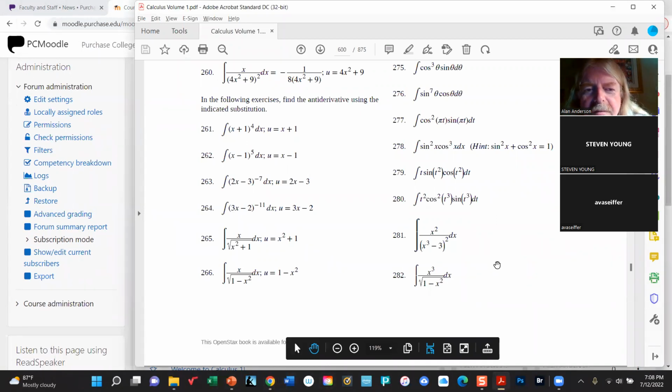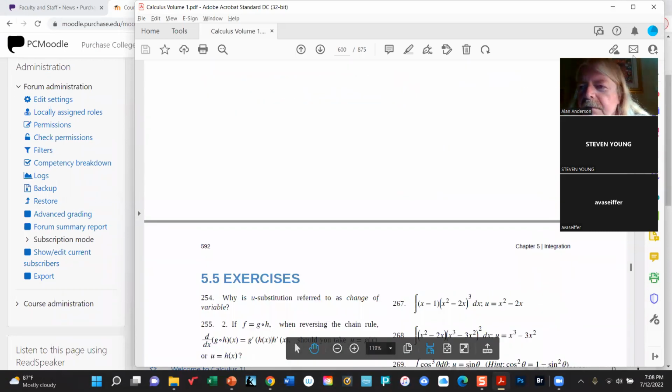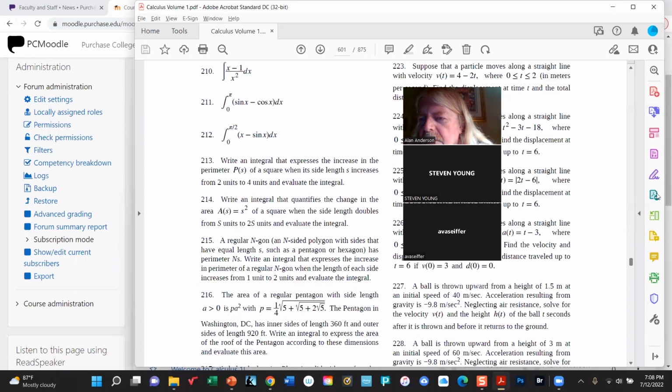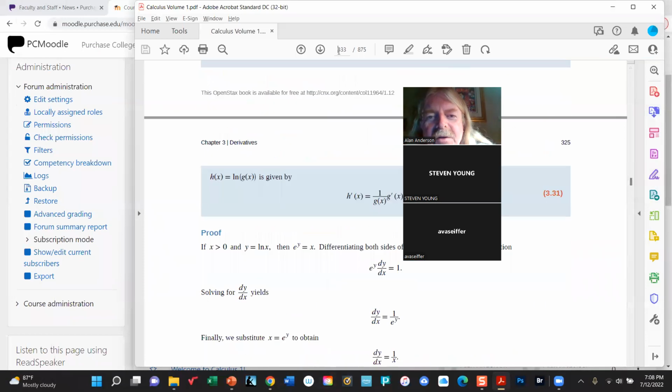First things first, let's go to page 377. Now the thing is, when you search for pages, it's not exactly the same. There's a page number for the book and there's a page number for the PDF document. I find that the pages for the PDF tend to be off by about 10.